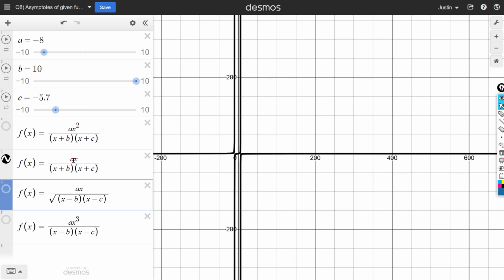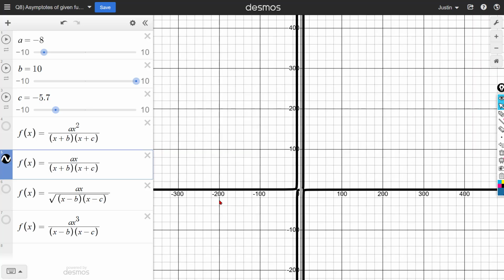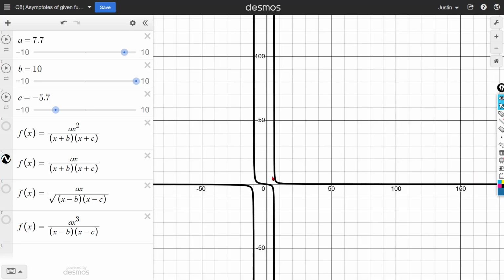It's just x to the power 1 over here, but down there is degree 2, so over here the asymptote will only be at 0. If you zoom out, you can see it doesn't matter which coefficient A you have, it'll always be at 0 itself. So that is how we can differentiate, and the denominator doesn't change, that'll be the same thing. So this is how we can analyze it from the graph as well.